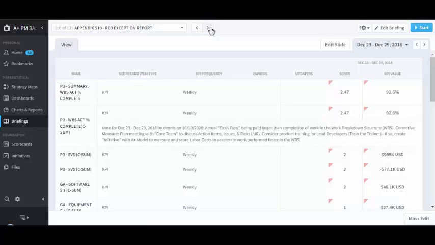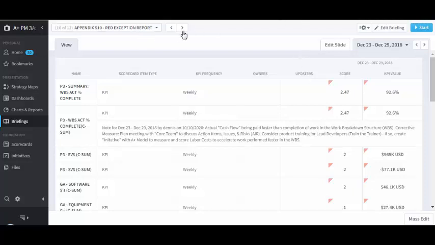This is the red exception report here. So everything that's red in the project is now in front of you so that you can drive it towards green, possibly towards blue, which high potential candidates will do, to keep the project on the right track. And this is done on a weekly basis. This is the premise, so that you get the corrective measures in place in a timely manner.